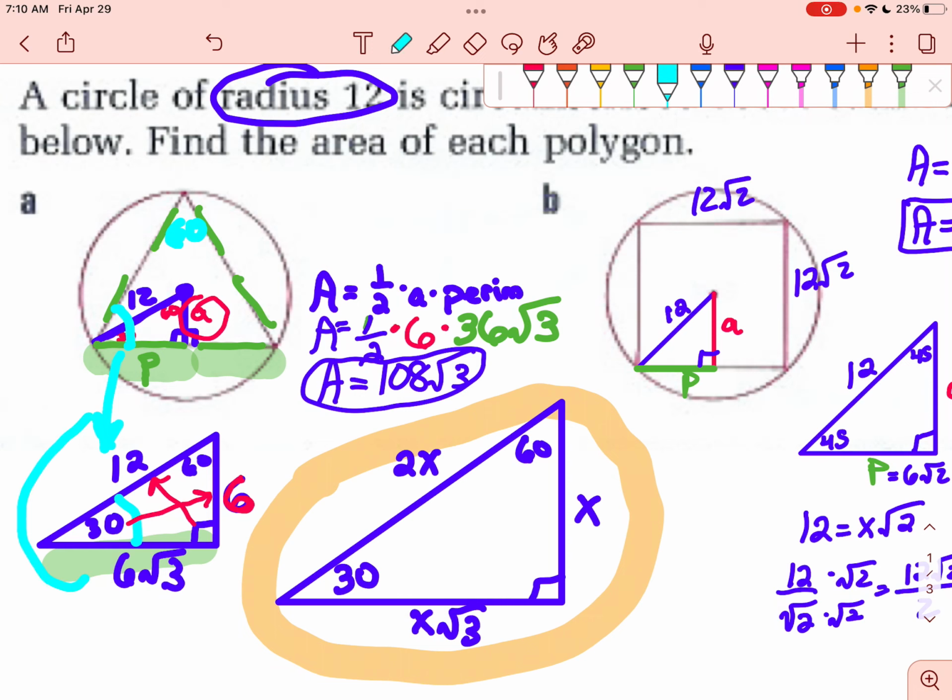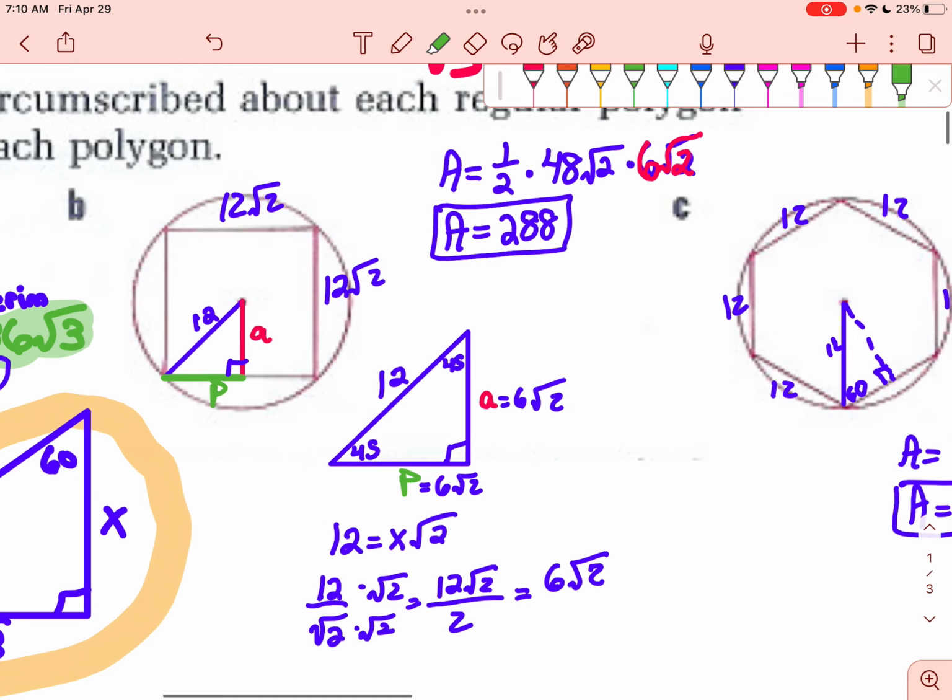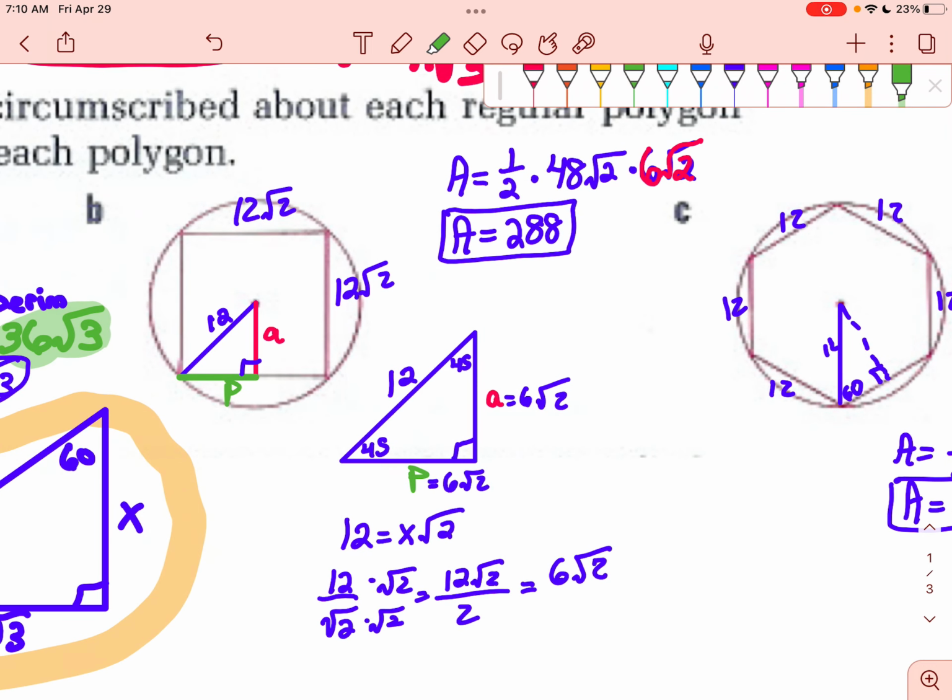Okay, so I had to double it to get that answer right there. And because there are 3 sides, each of them being 12 root 3, I then have a perimeter of 36 root 3.